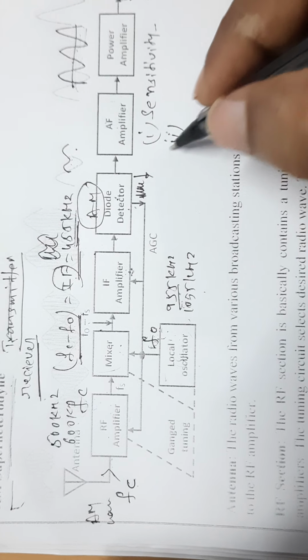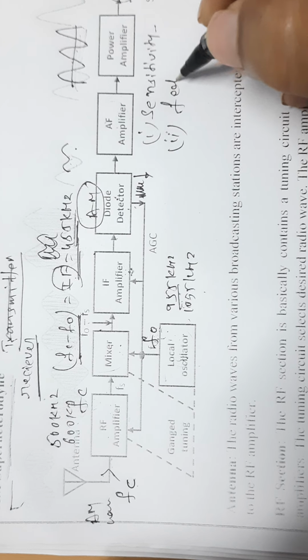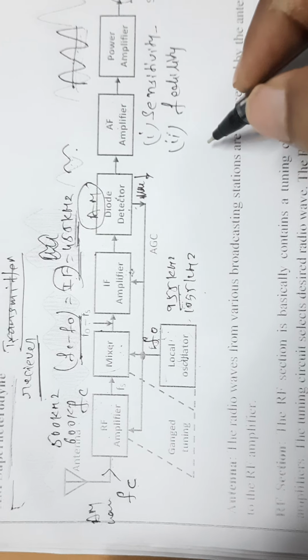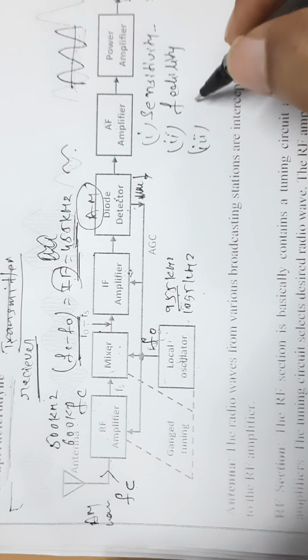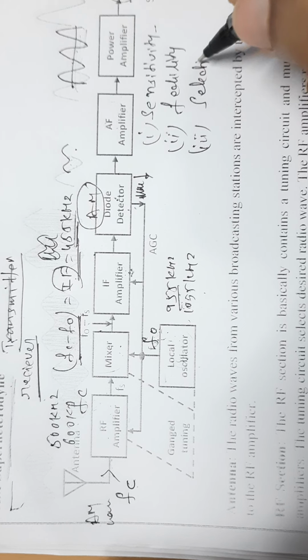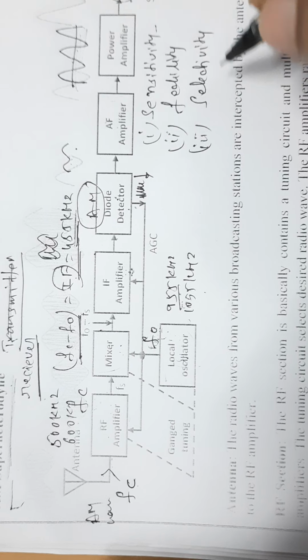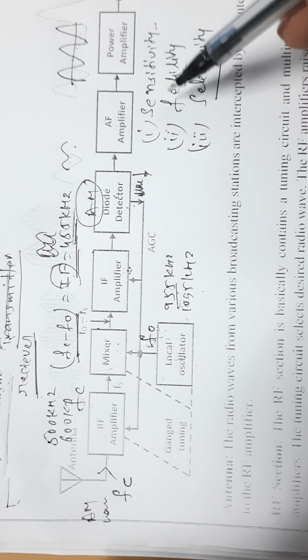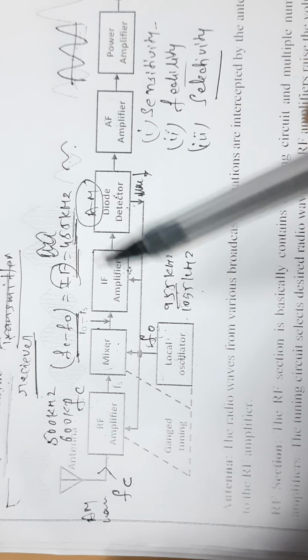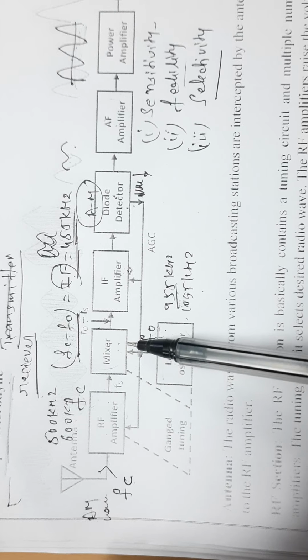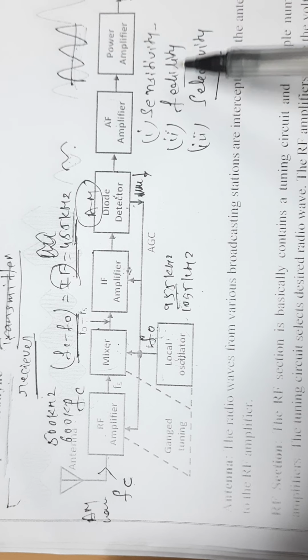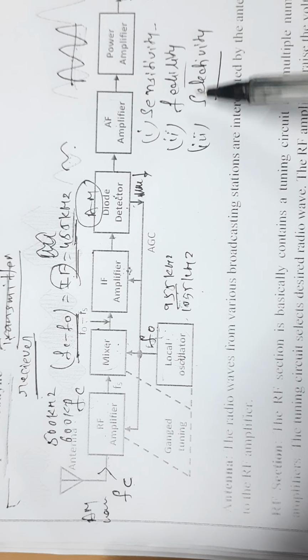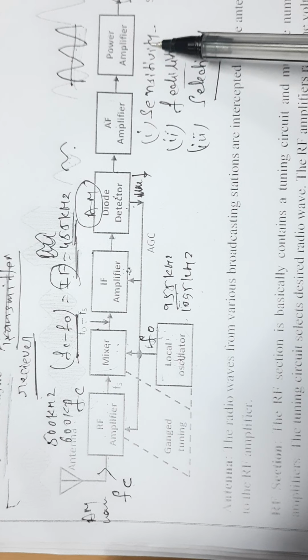Second one is fidelity. Third one is selectivity. These three are the characteristics of a radio receiver: sensitivity, fidelity, selectivity.